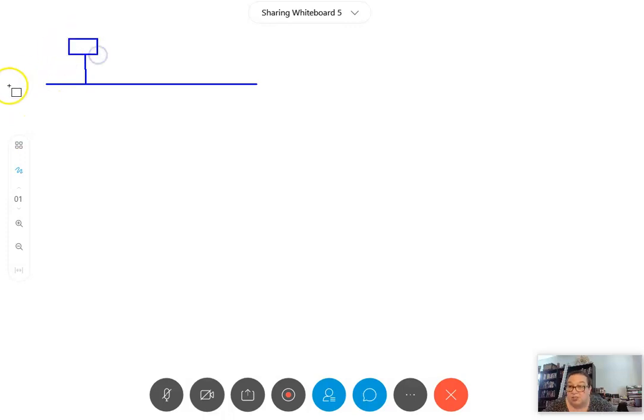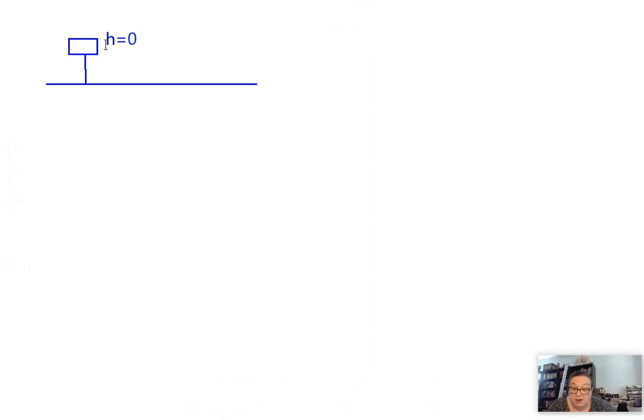We're calling the position of this box height equals 0. But we're acknowledging that our spring at this point is compressed by a distance of 20 centimeters, so minus 0.2 for the position of the spring.